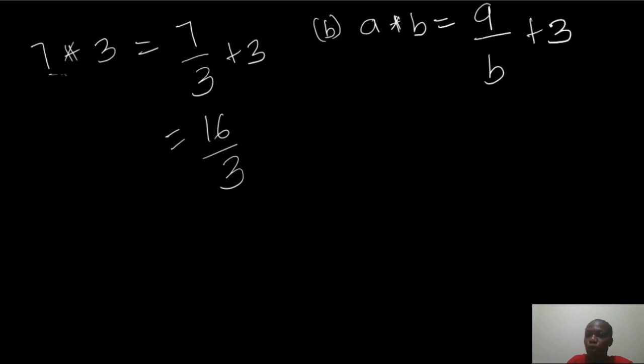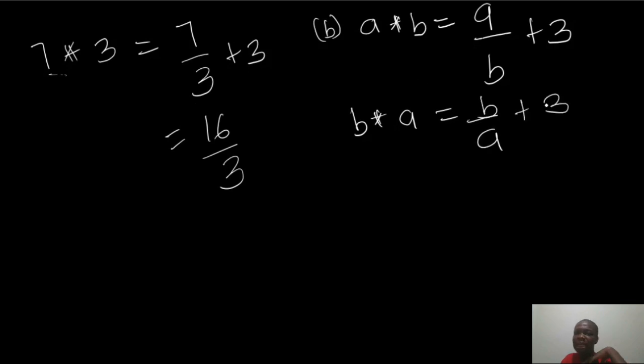So we want to show if this is commutative. If this is commutative, then if I do b star a, I have to get, now my a is b, my b is a, so b over a plus 3. But then a over b is not the same as b over a.